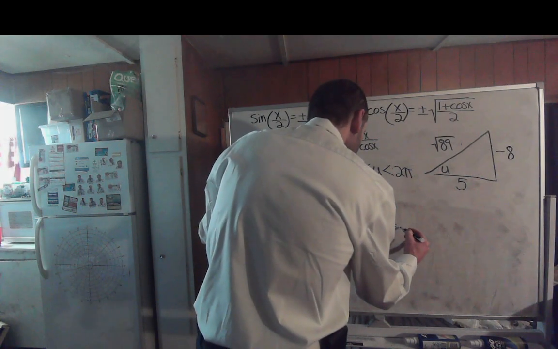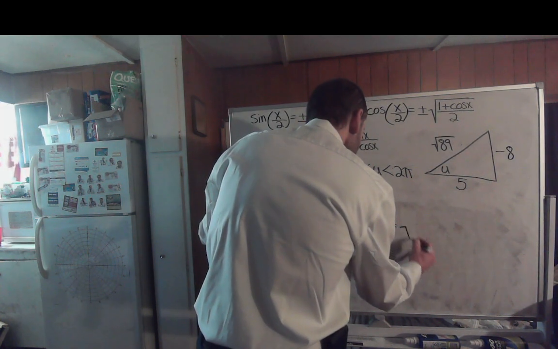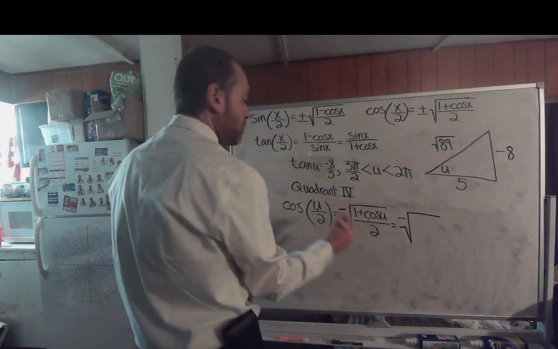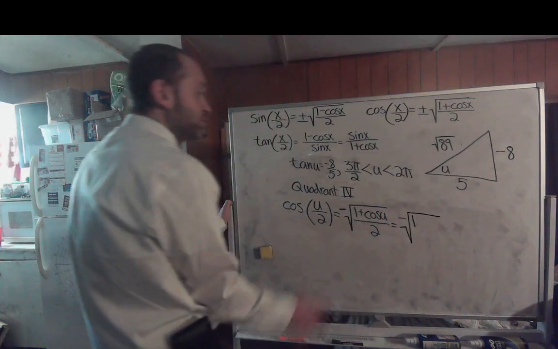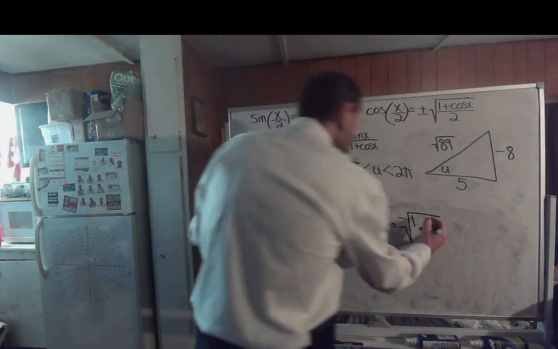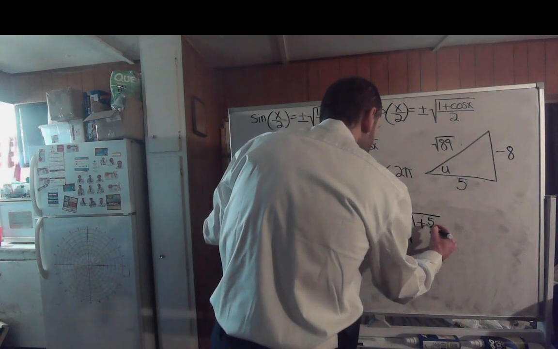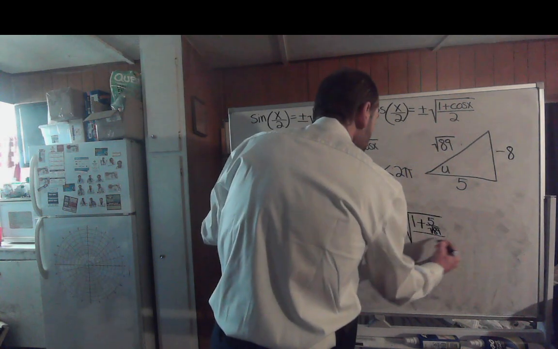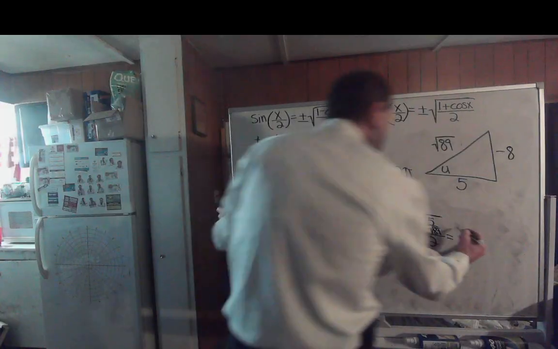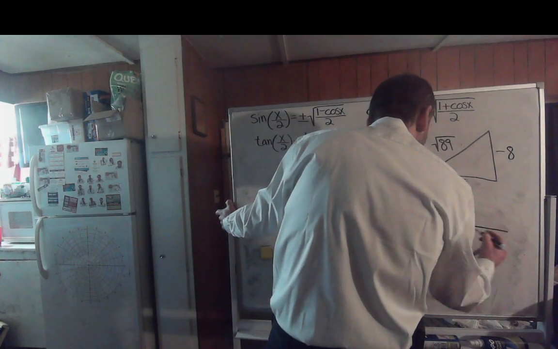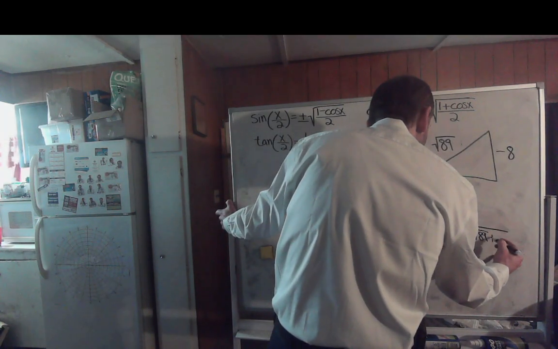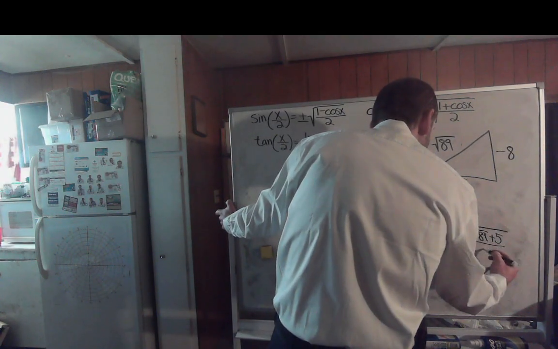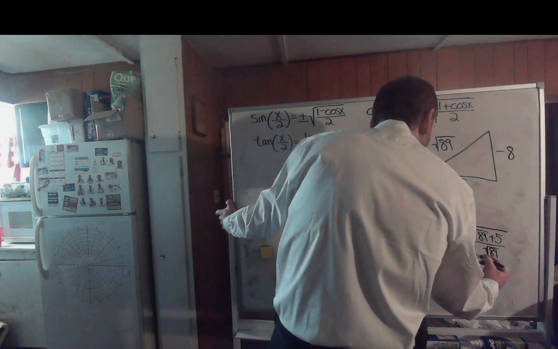So you would end up having negative of the square root of (1 plus what is that value of the cosine of u? That'd be plus 5 over the square root of 89), all over 2, which would end up being negative of the square root of ((89 plus 5) all over the square root of 89), all that all over 2.